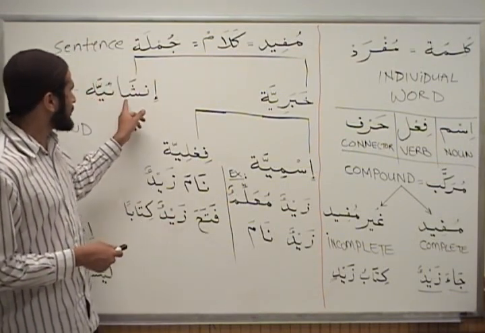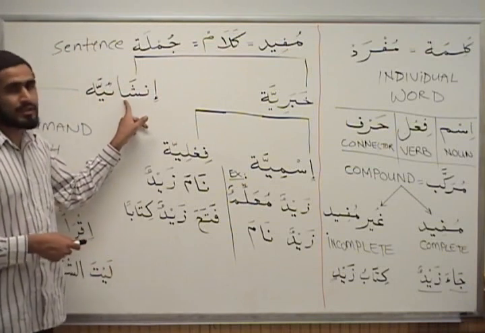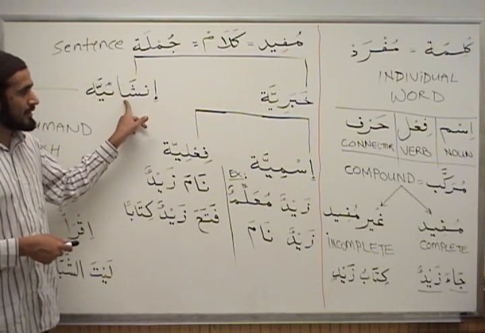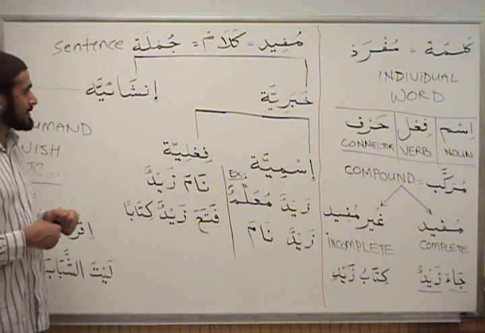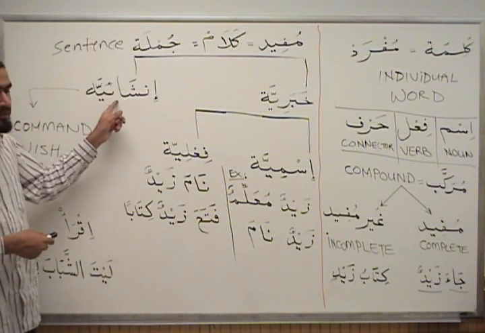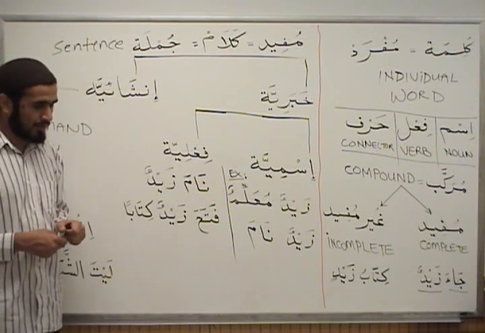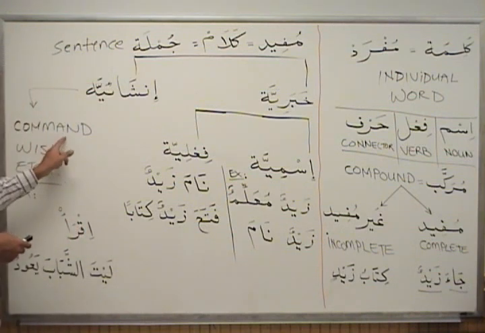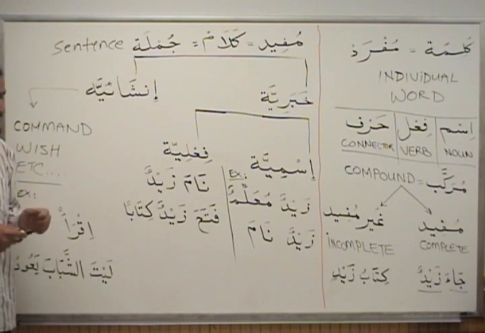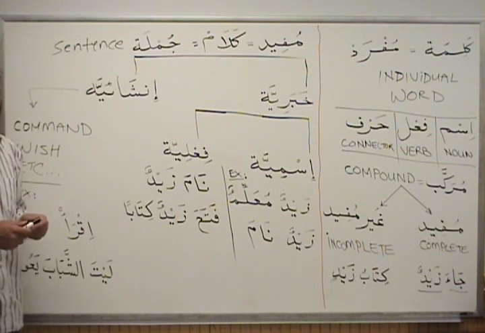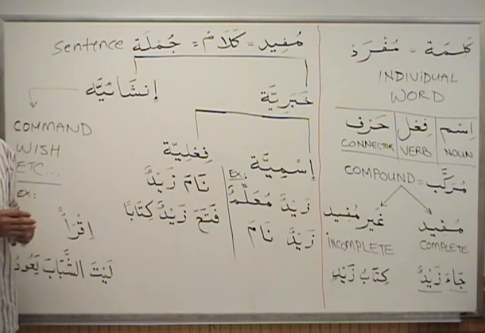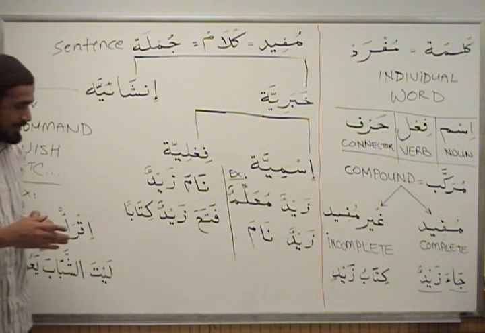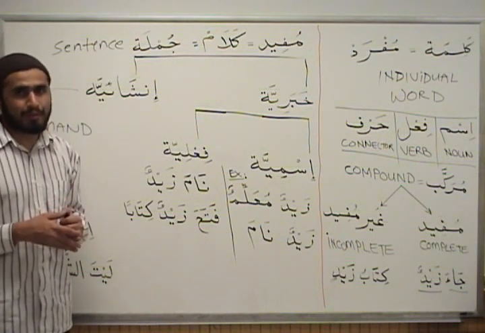The other type is called insha'iyya, which is not the way khabariya is. It is still a complete sentence, but you cannot say true or false when someone says it. For example, a command. If someone tells you to do something, read a book, you cannot say true or false because it doesn't make sense to say that about a command.